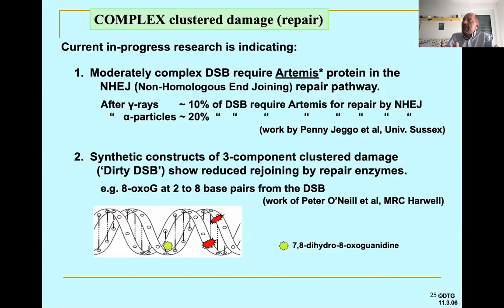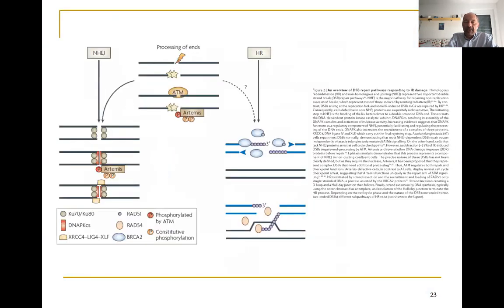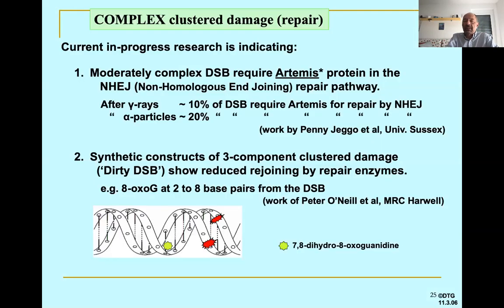Let's go back for a second to the complex clustered damage, because we have seen Artemis here. Artemis also is a protein discovered by Penny Jeggo in the UK, together with Markus Löbrich here at the University of Darmstadt, in our own university. And it's work in progress, so I don't give you final answers here, but you see how important it is.